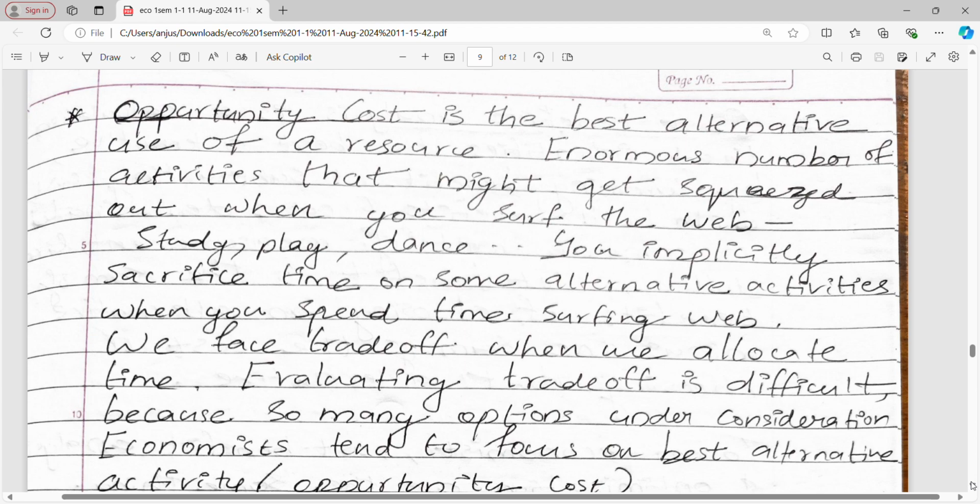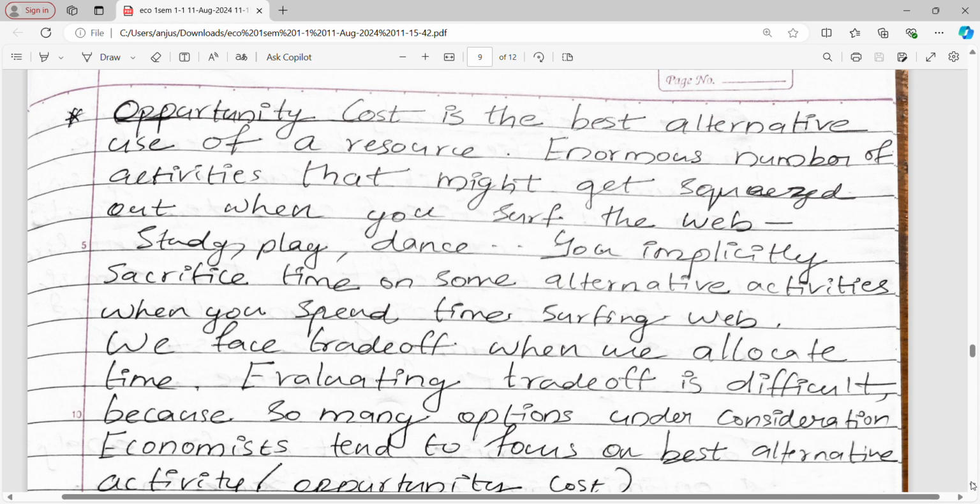All these are squeezed out for you to surf the internet. So all these hobbies are the opportunity cost of surfing the internet. You implicitly sacrifice time on some alternative activities when you spend time surfing the web.